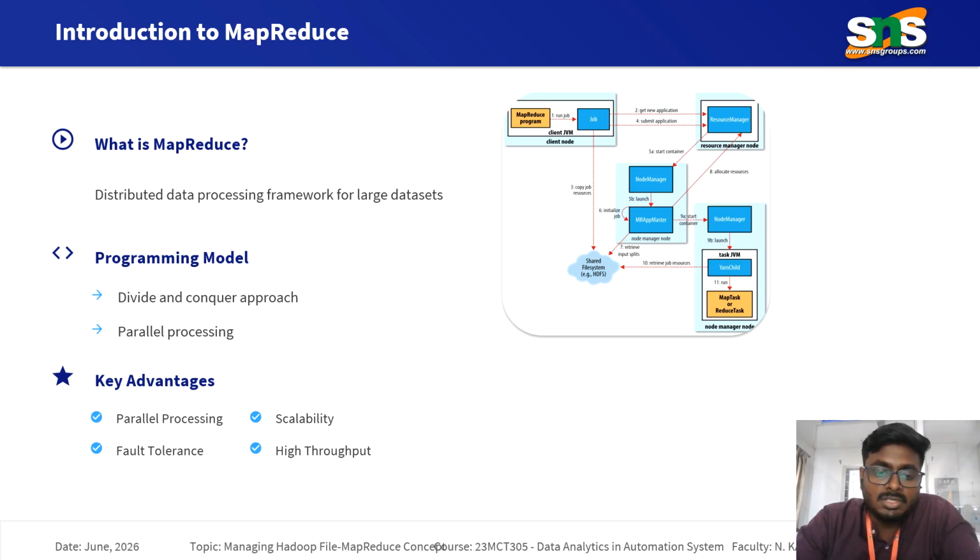Parallel processing, multiple machines work simultaneously. Scalability, it handles petabytes of data. Fault tolerance, if a task fails, it simply restarts on another node. And high throughput, large batch jobs complete efficiently. The classic example used to explain MapReduce is word count, counting how many times each word appears in a large document.